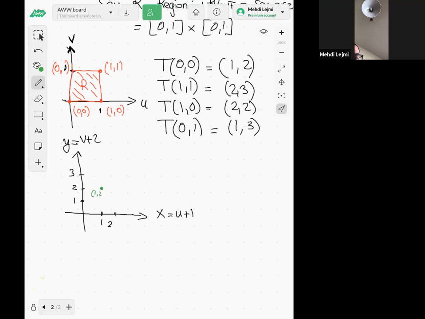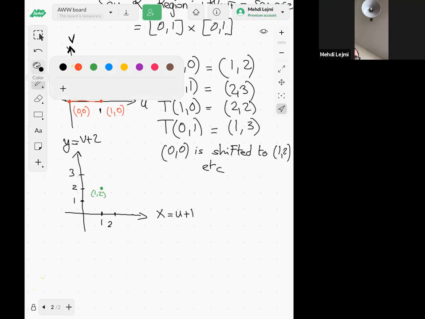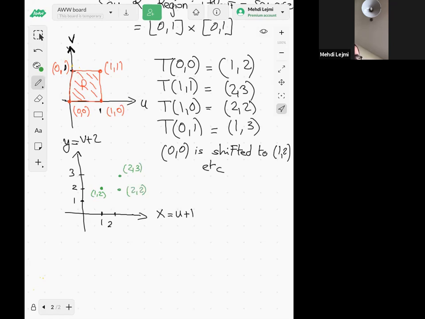So (0, 0) is shifted to (1, 2), right, etc. And then T of (1, 1) is (2, 3), so we're going to have (2, 3) here. We're going to have (2, 2). And we're going to have (1, 3).